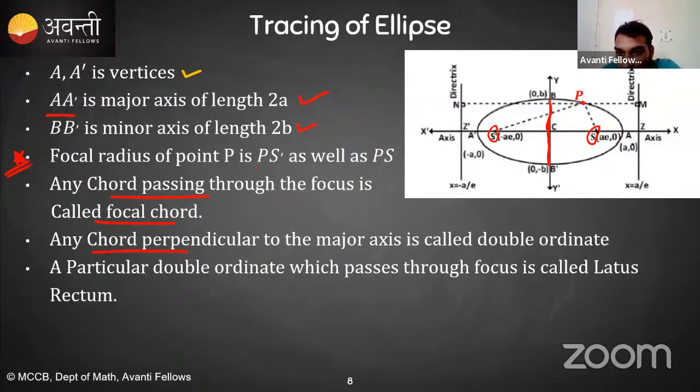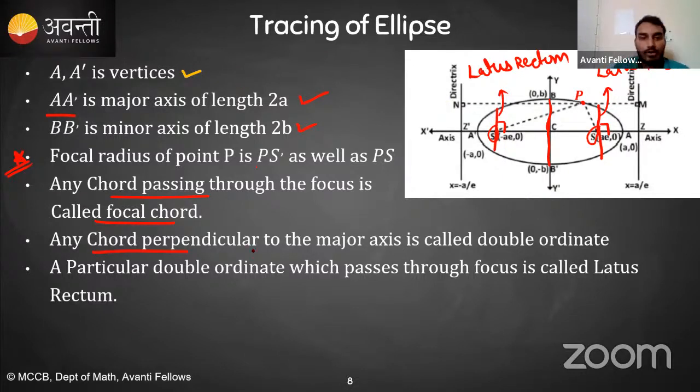So in this diagram, the double ordinate passing through S is the latus rectum. Is this clear, students? Any doubt so far? Clear hai na sab kuch? Okay, very good students, very good.